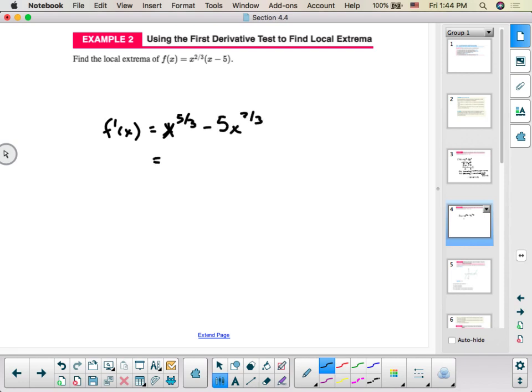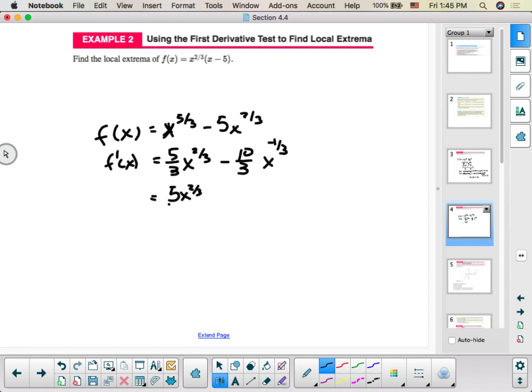So this is f of x. So the derivative is going to be 5/3 x to the 2/3 minus 10/3 x to the negative 1/3. That's 5x to the 2/3 over 3 minus 10 over 3x to the 1/3.